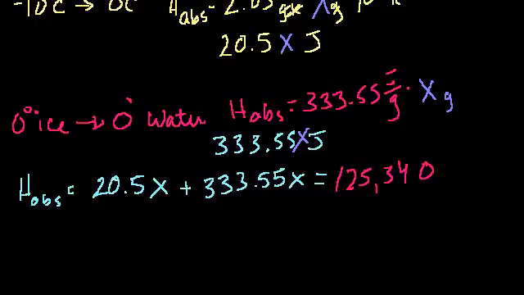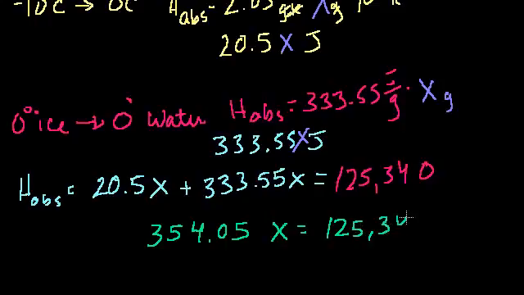We can do a little bit of algebra here. Add these two things: 20.5x plus 333.55x is 354.05x. Is that right? Yeah, 330 plus 20 is 350, then you have a 3 and a 0.5 there. Yes, 354.05x. That is equal to the amount of energy we take out of the water.